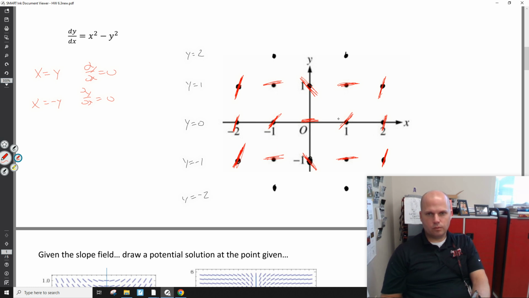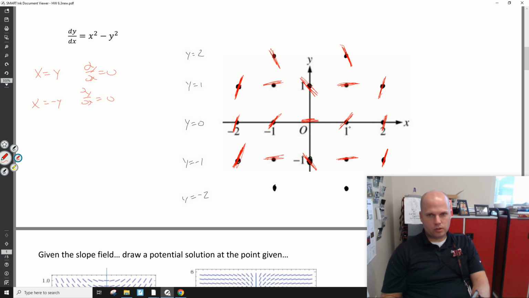And let's do 1, 2. So when y is 2, I'm going to be subtracting 4. So 1 minus 4 is negative 3. 1, 2, 3. Same here. It'll be 1 minus 4, negative 3. Here, these will be the same as those. There's a lot of symmetry here.